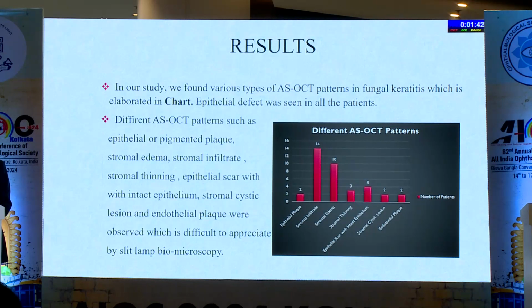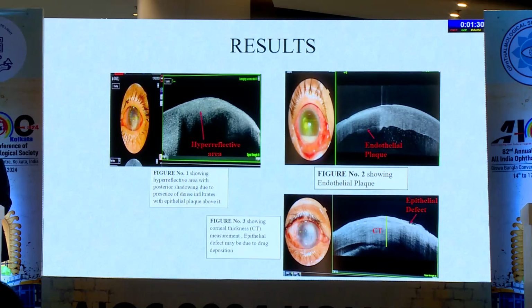Different ASOCT patterns were found in our study, such as epithelial plaques, epithelial defects, stromal edema, stromal infiltrate, stromal thinning, stromal cystic lesion and endothelial plaques. These are some of the images showing the hyperreflective area with posterior shadowing. This image shows the endothelial plaques.